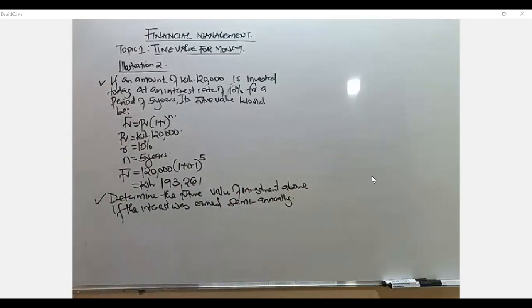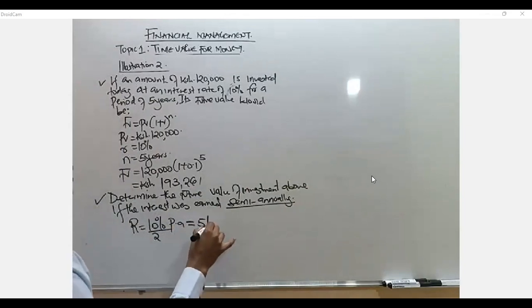Because the interest rate which we have been given here, our rate, is 10%, but this should be per annum, you know that. Semi means twice, right? So how am I going to do my question? The rate now we are supposed to divide by 2 to determine the rate for 6 months, and my rate for 6 months will be 5%.